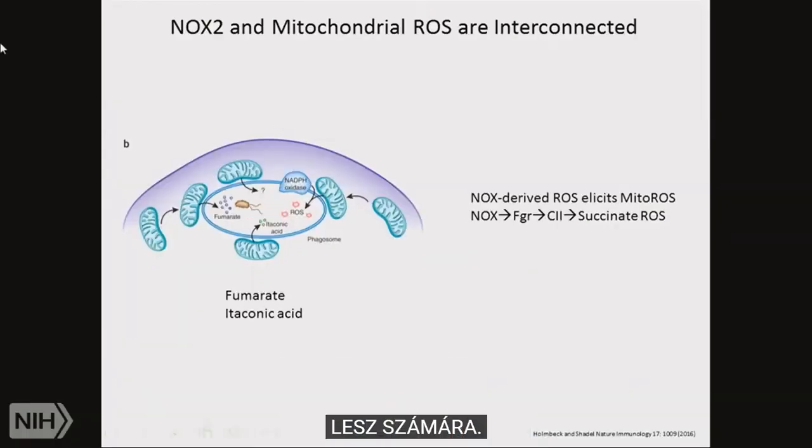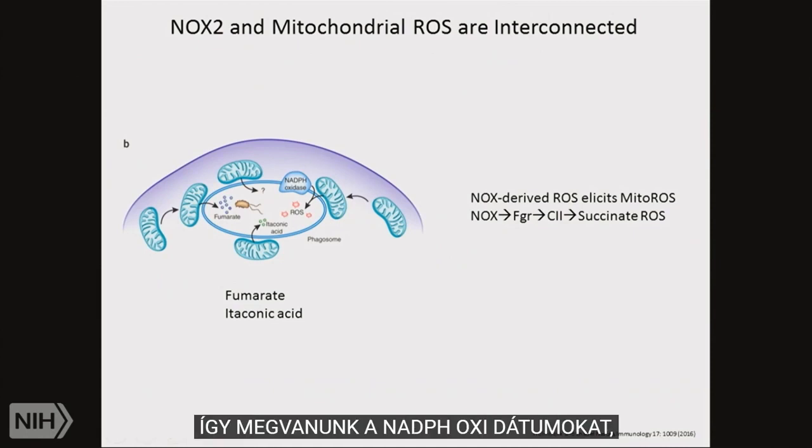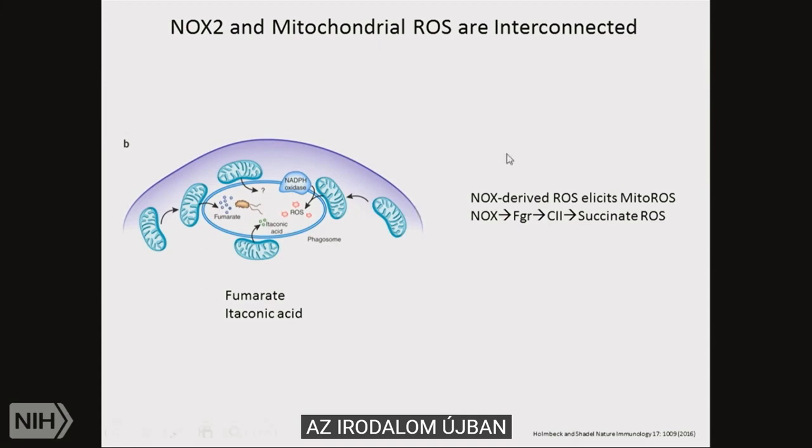So we have the NADPH oxidase, and we have mitochondrial-derived ROS, right? One of the fun things that has come out in the literature very recently, just to make sure you're on the cutting edge, is that these are very tightly connected.